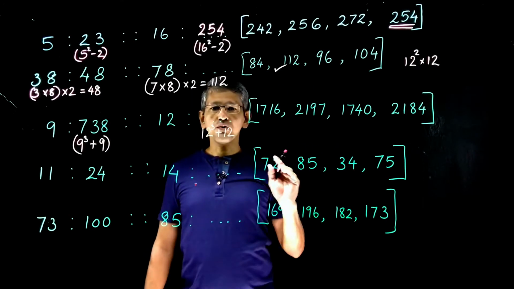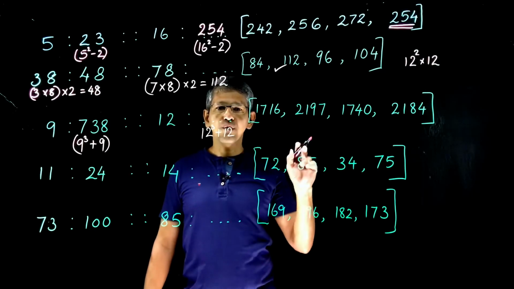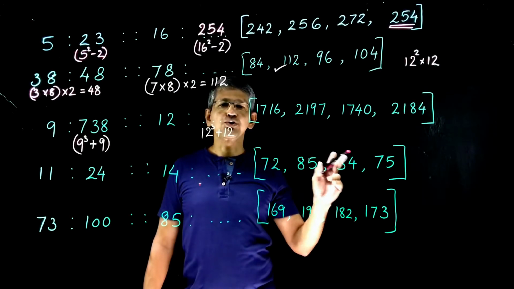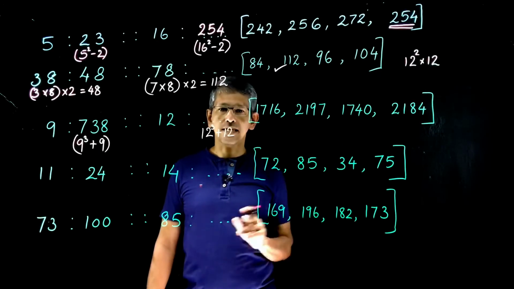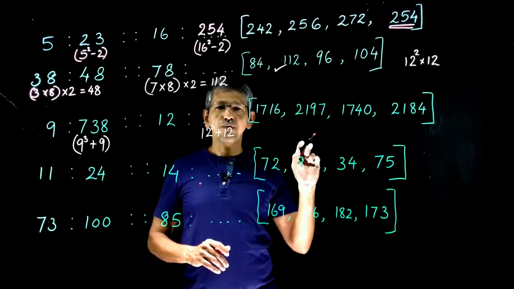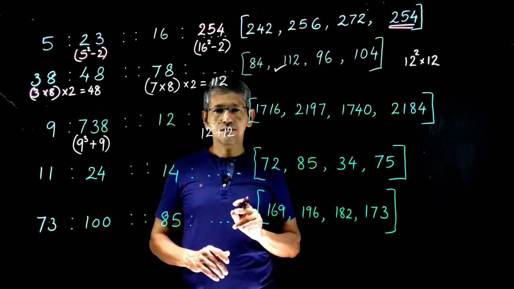So what we do, 144 into 10 first, 1440, plus 144 into 2, which is 288. For convenience, we'll take 288 as 300. So 1440 plus 300, 1740.